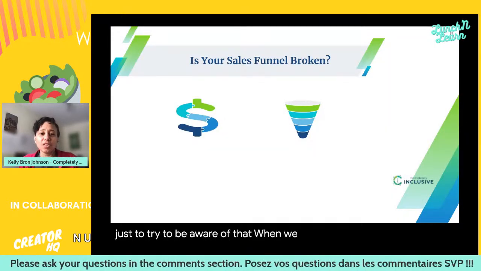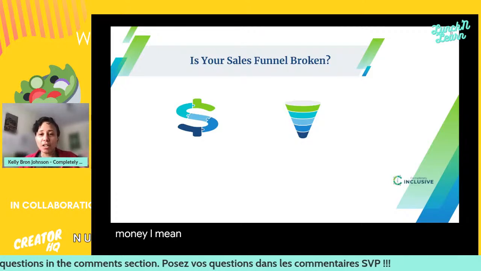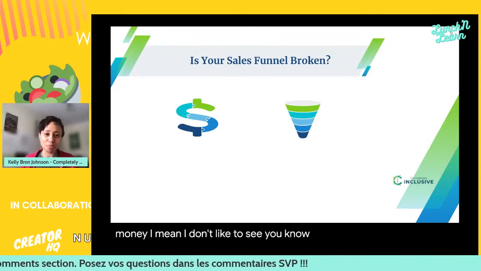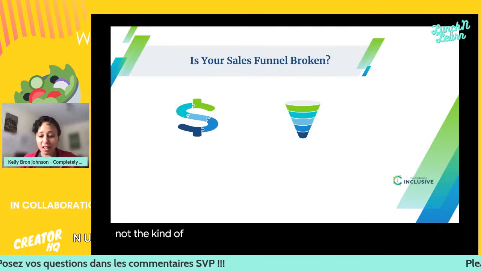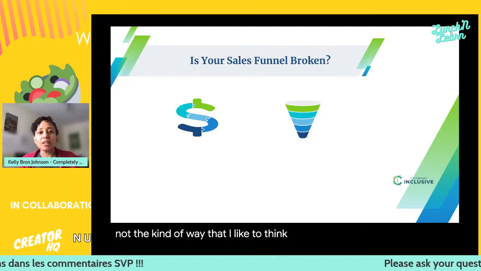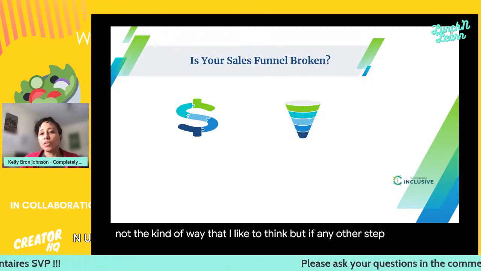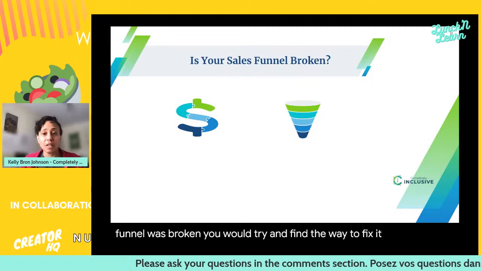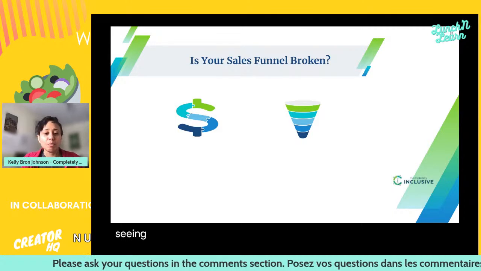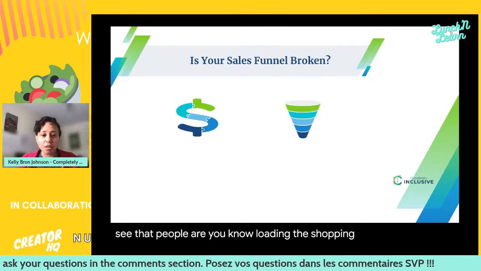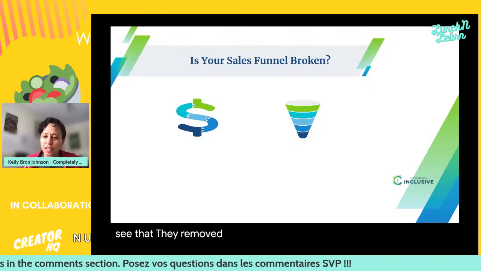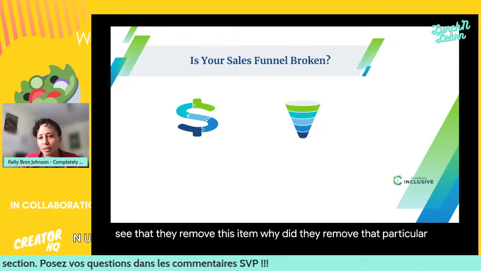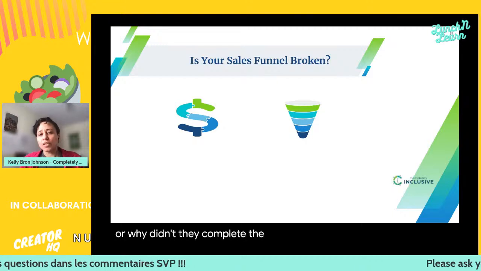And if we're just looking at money, I mean, I don't like to see people as profits. That's not the kind of way that I like to think. But if any other step in your sales funnel was broken, you would try and find a way to fix it, right? If you see that people are loading the shopping cart, and then you see that, oh, they removed this item, why did they remove that particular item? Or why didn't they complete the purchase?